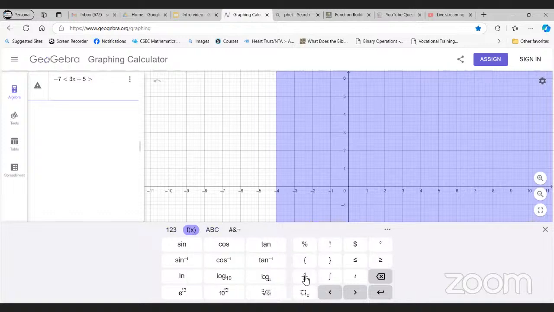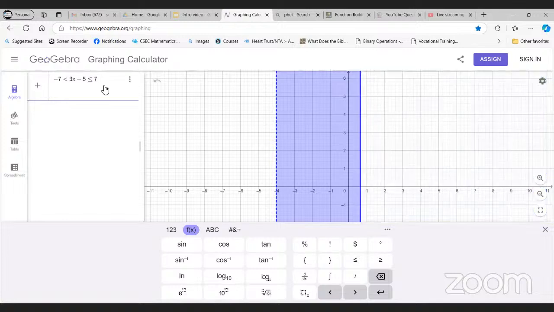So let's remove that one from there, and I should be putting in this one, greater than or equal to 7. So if you notice now, the space has narrowed.